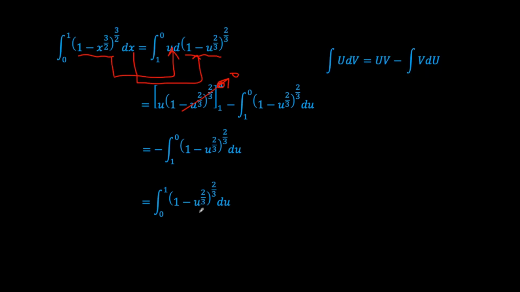Now, with this integral, you can change u to x, and what we're seeing here is that our integral from x equals 0 to 1 of (1 minus x to the power 3 over 2) all to the power 3 over 2 is equal to the integral from x equals 0 to 1 of (1 minus x to the power 2 over 3) to the power 2 over 3.